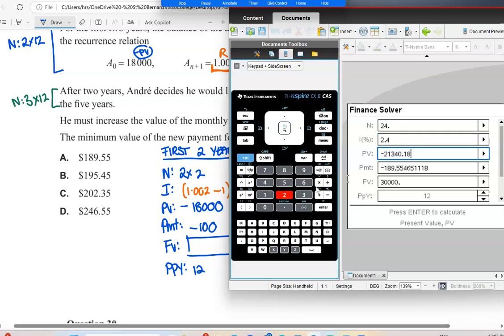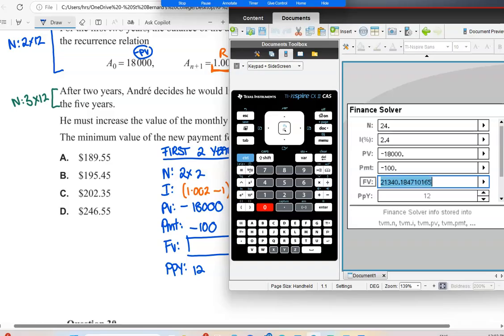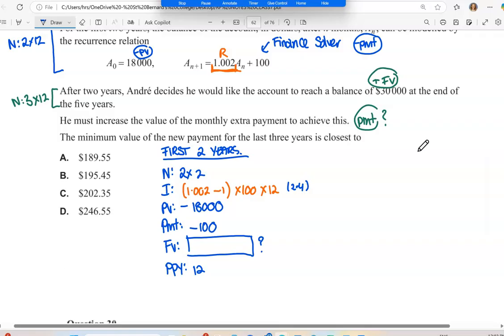So what I'm saying is you can type out that formula: 1.002 minus 1, and then times 100 times the PPY, which is 12 in this case. Did you see how it changed to 2.4? Because that's what that calculation is equal to. Now the final value is what I want to know, so I deleted that. I can see PPY is 12, and I press enter, and that's how I got this value here.